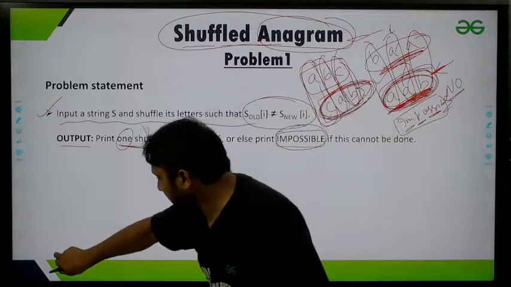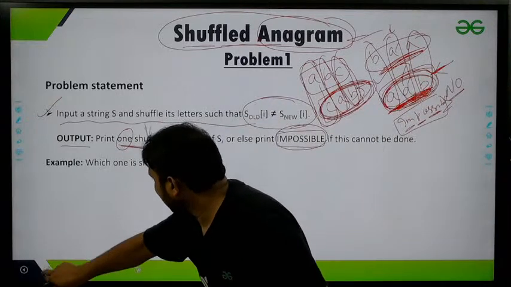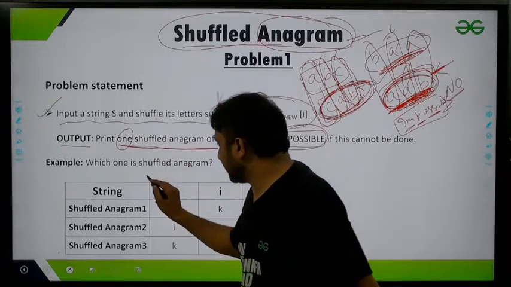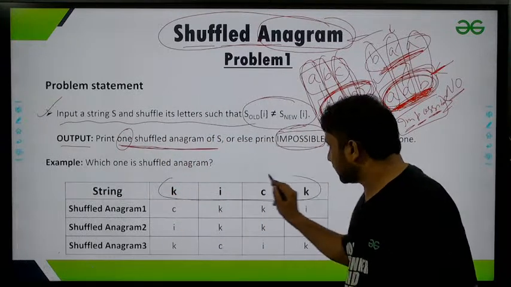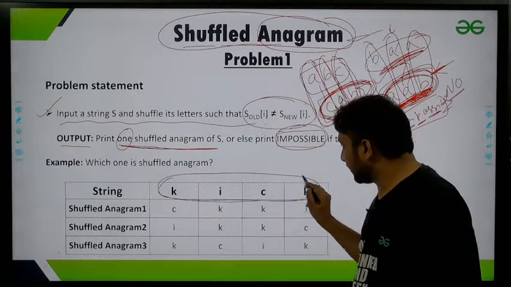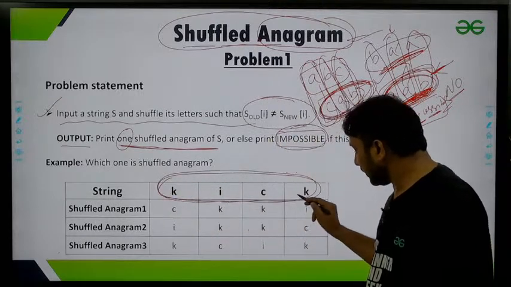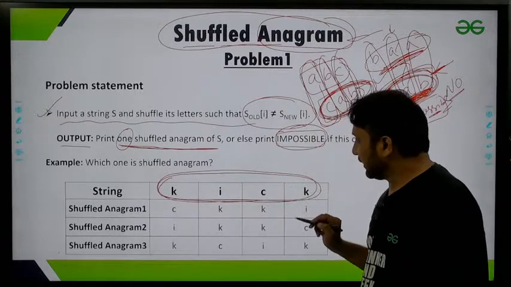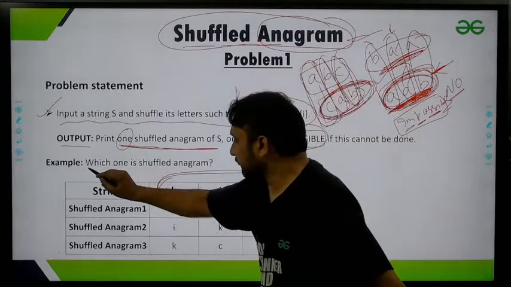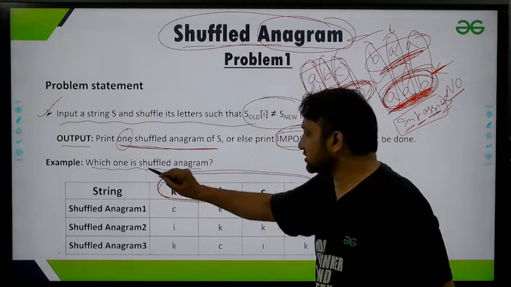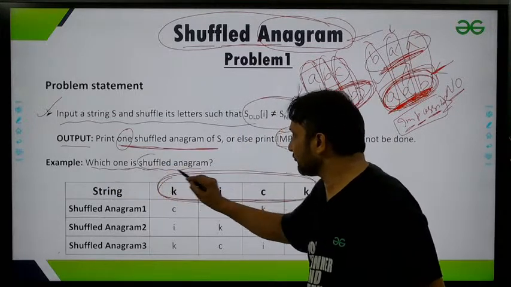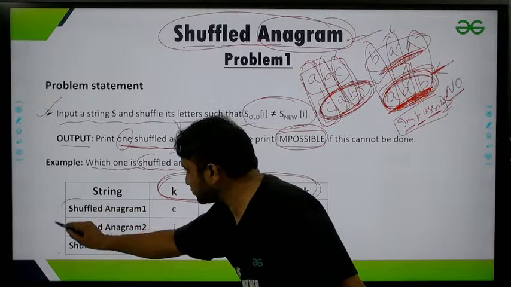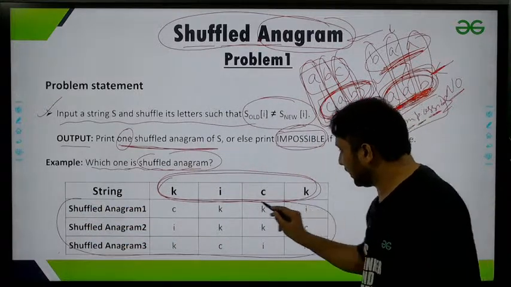Okay, let me take more examples. Let's suppose I have this string kick, which is the string given in the question itself. Can you people find out which one is the shuffled anagram out of these three?